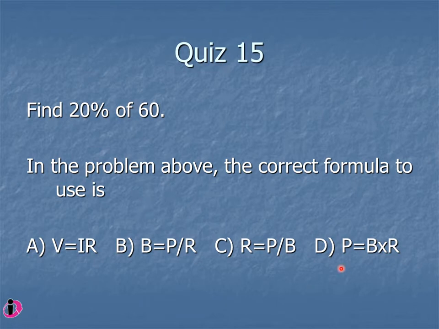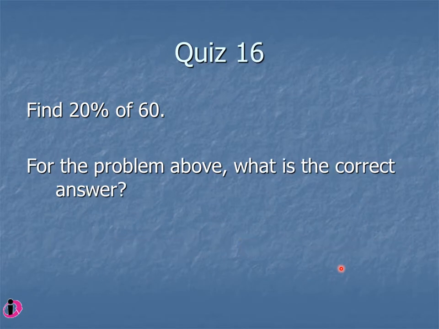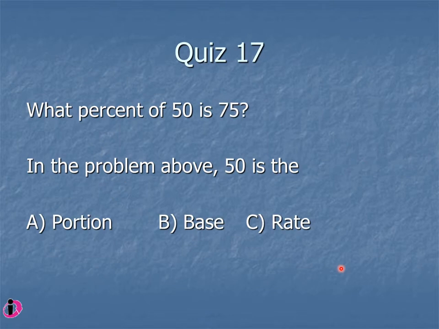So now, if we use it, P equals B times R. The B is 60 and R is 0.2, because remember we use the rate as a fraction in the formula. If you do this, what will be the answer? 12, right? So the right answer is 12.